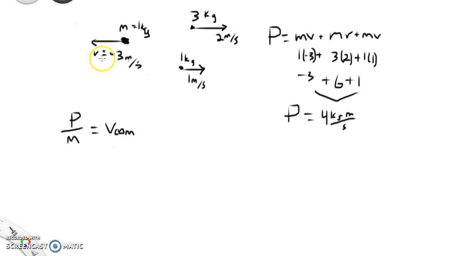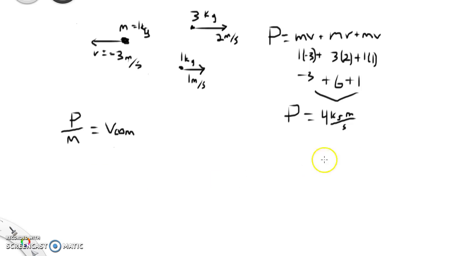And so this system here has some center of mass, and we don't know its location because we don't know how far apart they are, but we can actually find how fast the center of mass is moving based on how fast each of these is moving. And it doesn't take that much more because it's just our total momentum divided by our total mass.